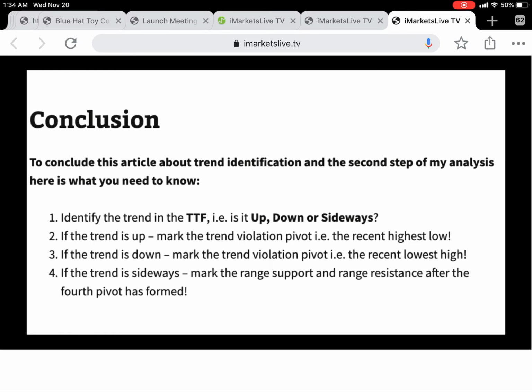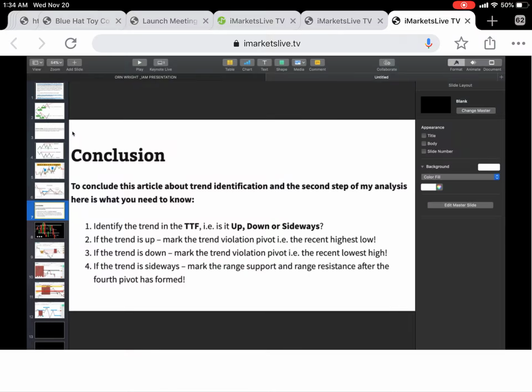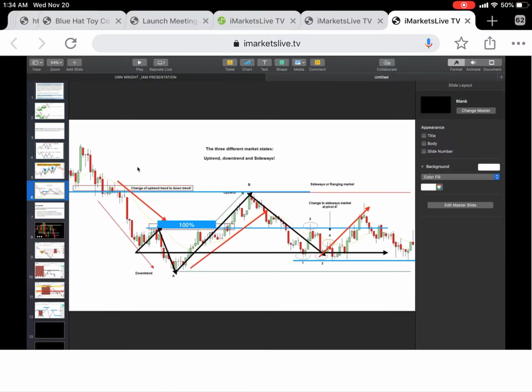Whoa, what do you mean, mark the trend violation point? Okay, that's where you lost me, Oren. What is the trend violation point? What does that mean? Oh, okay, my bad. I forgot to tell you what the trend violation point is.